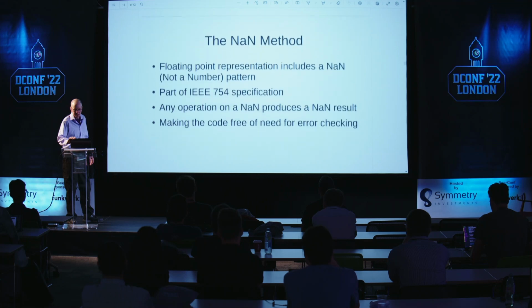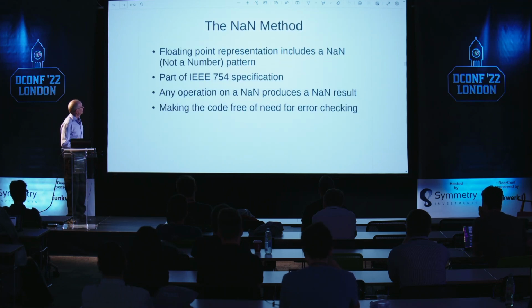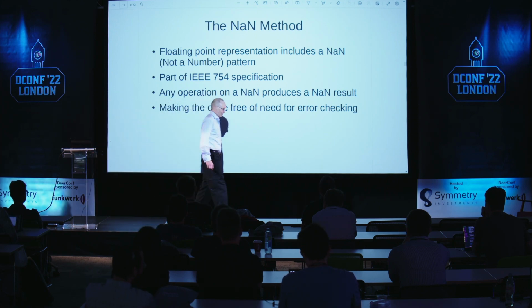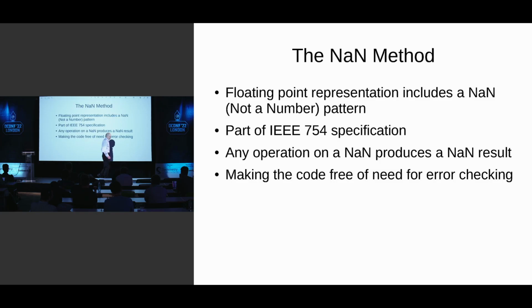That's a simple one. Now, here's a method that I often struggle to explain to people. I think it's a brilliant idea. It's the NaN method, where one of the floating point bit patterns is called a NaN type, which means not a number.